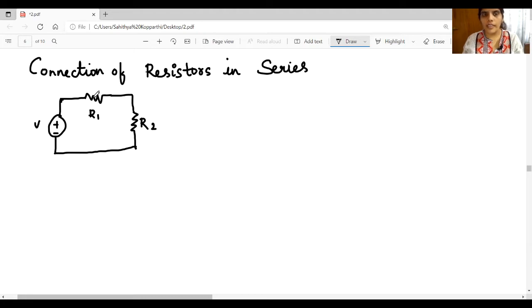Between R1 and R2 there is one node in common, and between R2 and V there is one node in common. They are connected back to back also. One more thing, all these elements will carry the same current.